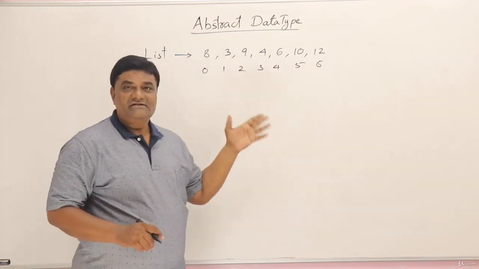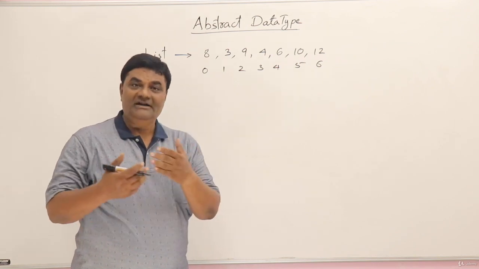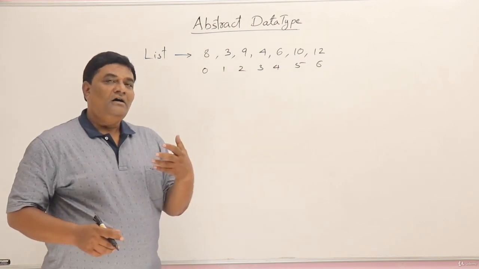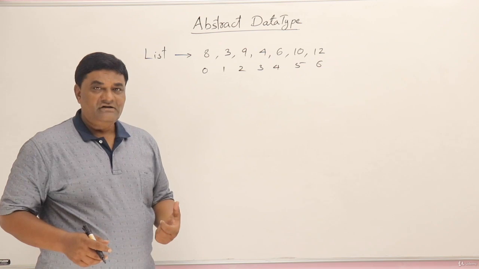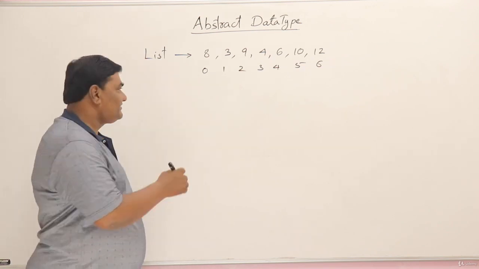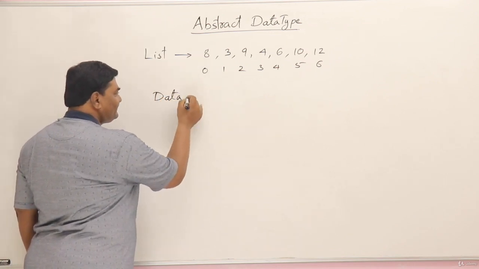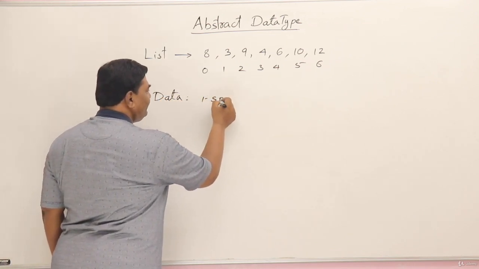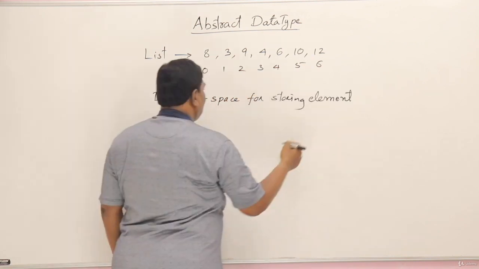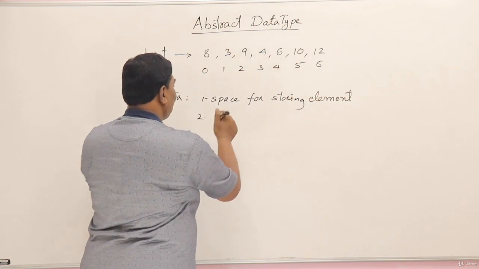Now this is a list on paper. I want this list to be used in my program. Then how can I represent a list? What are the things that I have to store for representing the list? First, I need space for storing elements. Then the second thing is the capacity of the list.